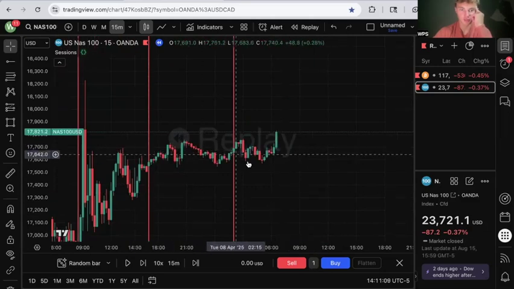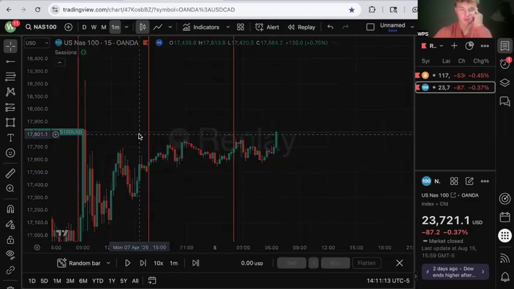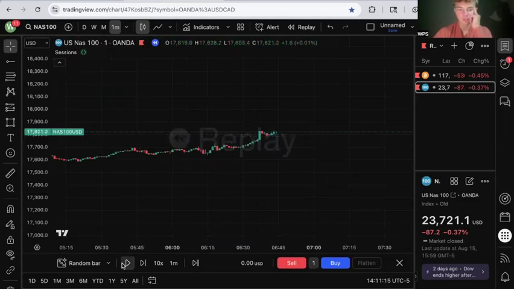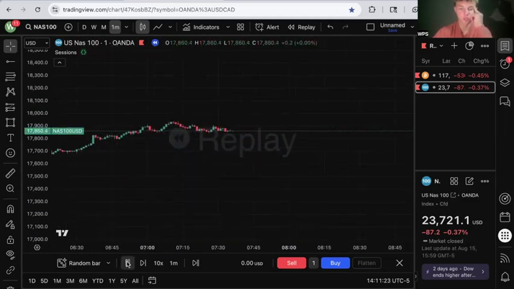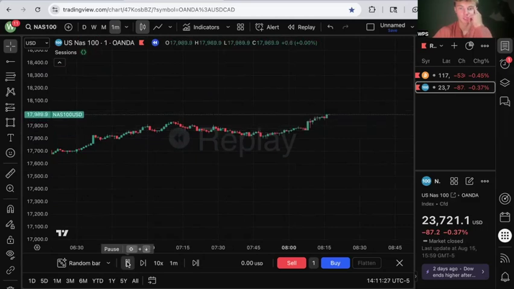Upwards trend, no manipulation yet, at least. So just looking for some London lows to get taken out and then break structure to the upside.